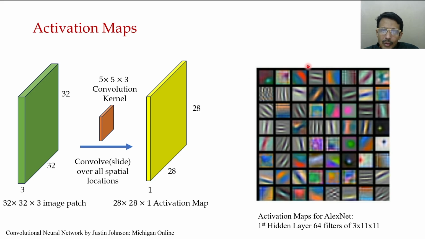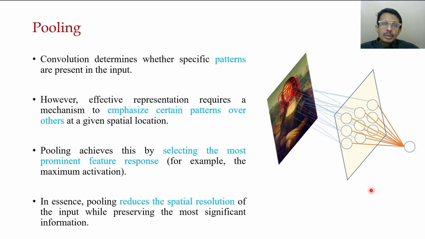Now we can understand how things are done, and how this convolution operation determines whether a particular pattern exists or not. So what we have seen is that convolution determines whether specific patterns, like a horizontal line, a vertical line, etc., are present in the input or not.